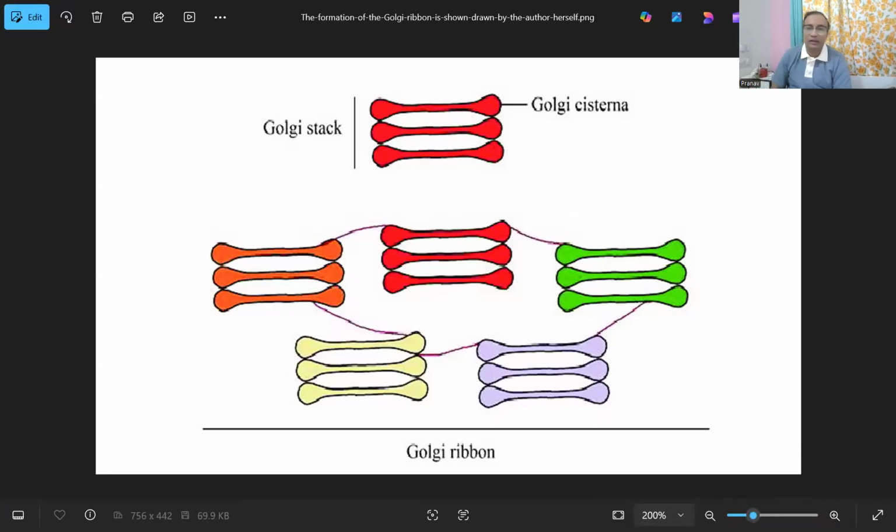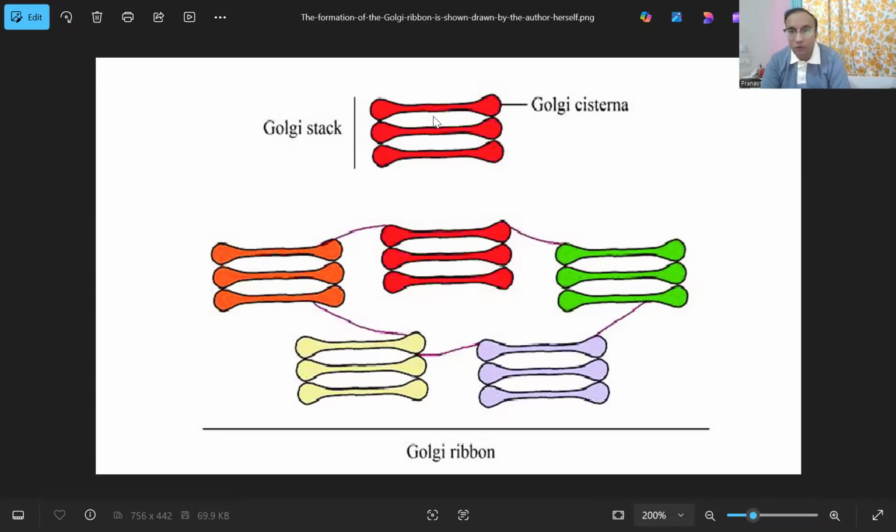But if different Golgi complexes associate with each other through tubules, then we get what is called Golgi ribbon. Let me share my screen and show you. On this screen, you will be able to see Golgi ribbon. Here on the top, Golgi apparatus has been shown.